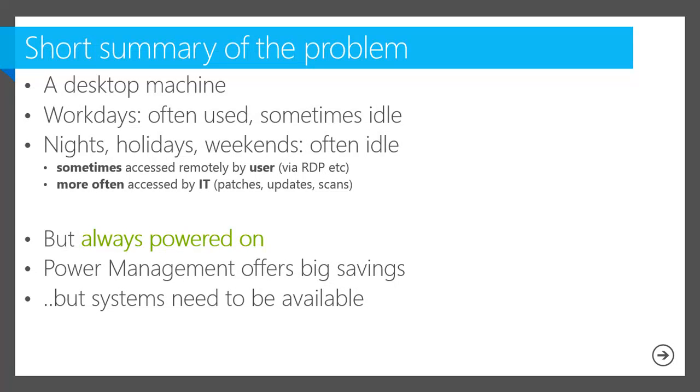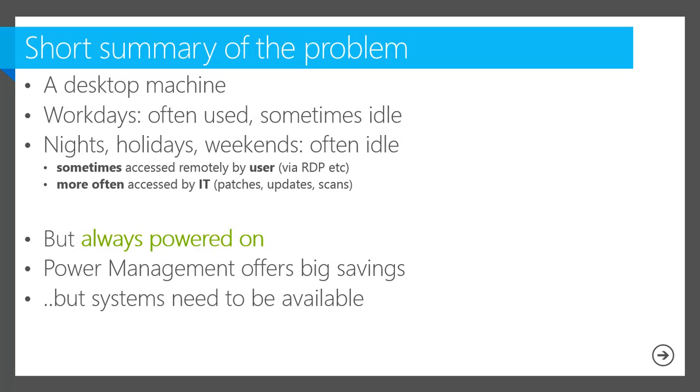So the problem that we're trying to solve with Wake on LAN in general is the age-old problem. We have a desktop machine, used often, sometimes idle. You may have power schemes in place. We really want to be saving as much energy as we can. So good practice dictates that we're powering off our machines, or at least having a power policy whereby machines are going into standby or hibernate.